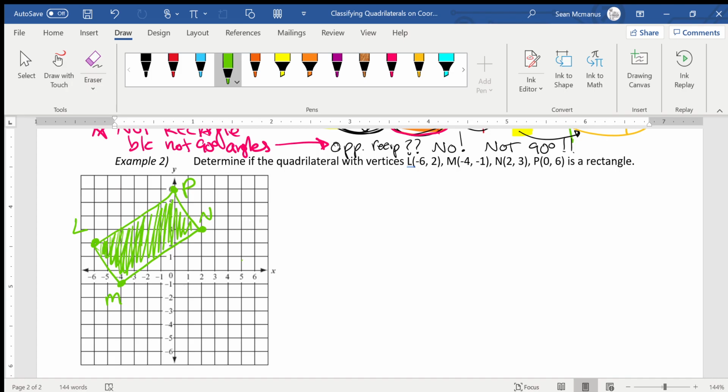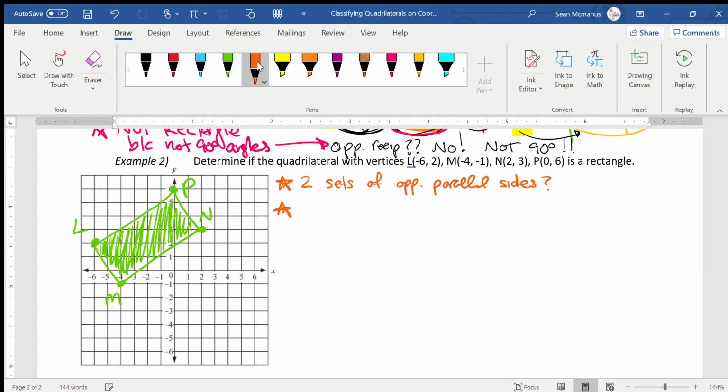And now we have to do our investigation. So remember, determining if it's a rectangle. So that means we have to look and see, does it have 2 sets of opposite parallel sides? Because if it's a rectangle, it should.